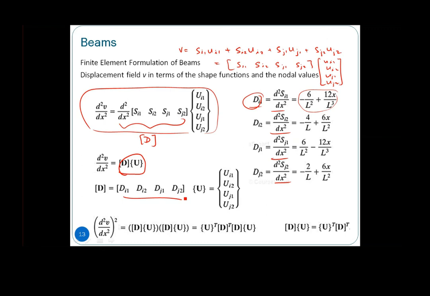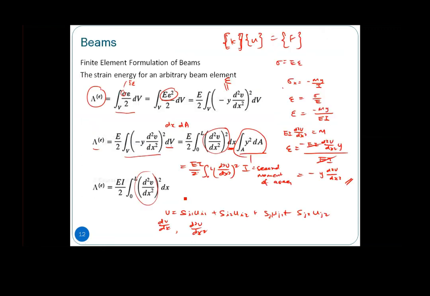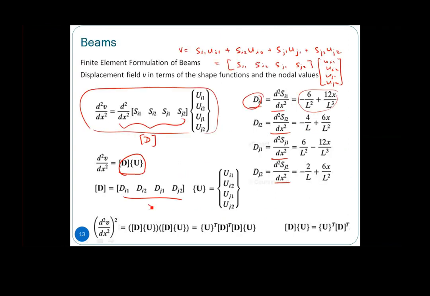Now we need the square. In our strain energy, if you still remember, this d2v dx squared needs a square here. So basically it's d u squared.